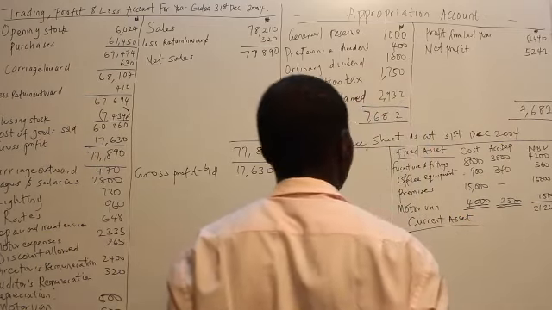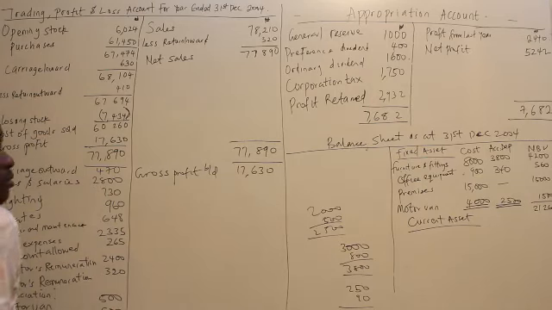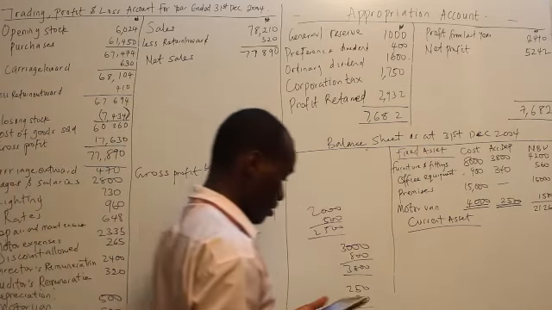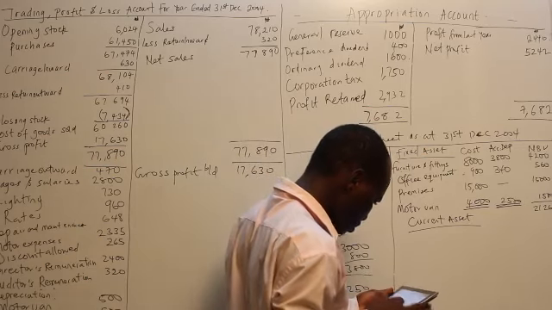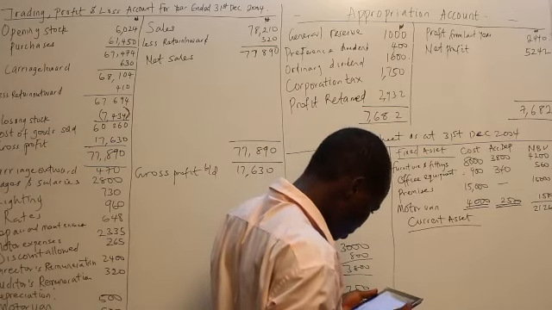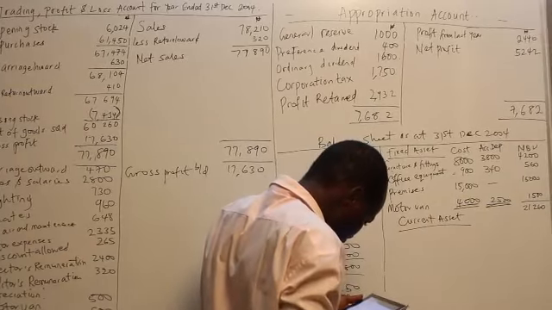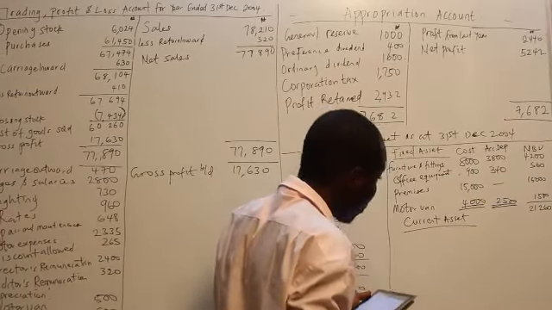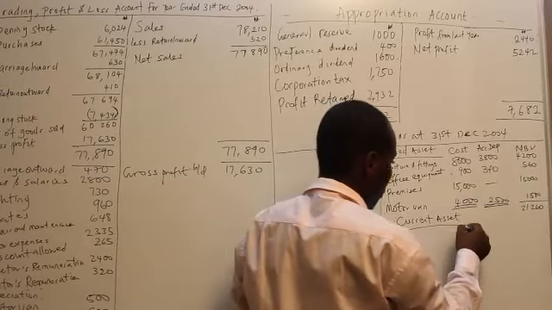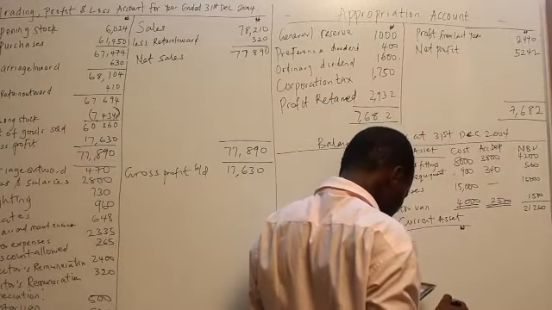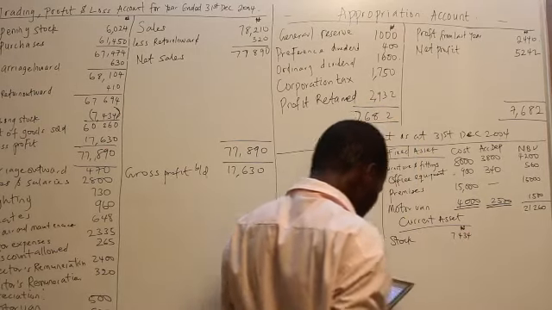Our current assets in the period include stock, which is 7,434.